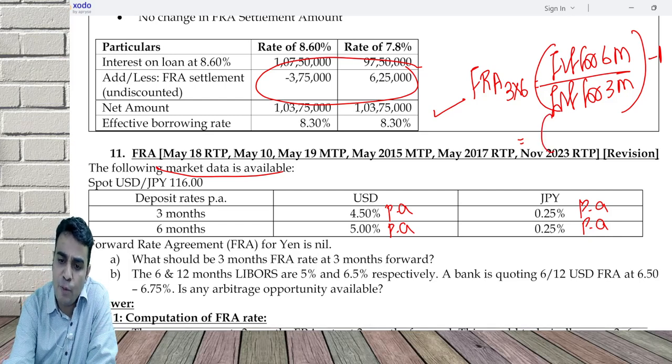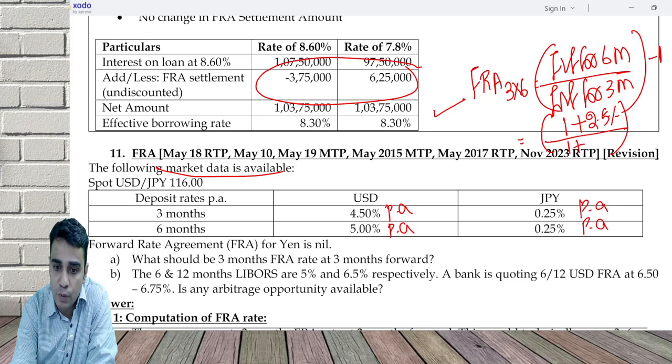What is the 6 month proportionate interest rate for US dollar? Yen is already given. US dollar, tell me. 1 plus 2.5%. 3 month proportionate. How is it 2.25? 1.125 minus 1.